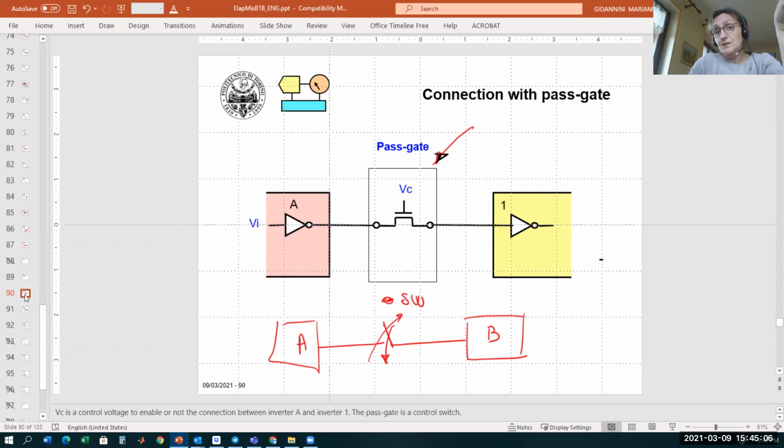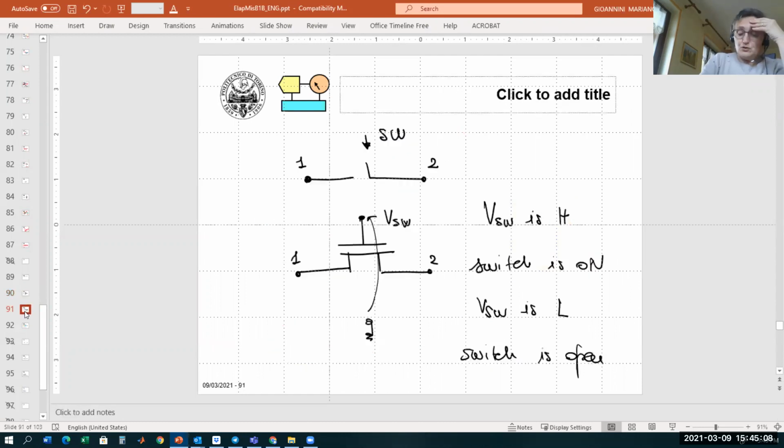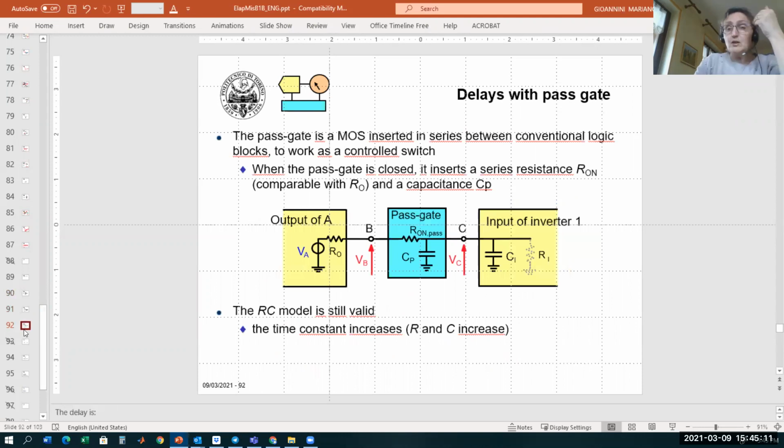It could be a good idea, but you should not exaggerate, because every time you add this additional device in between, you add resistance and capacitance. This resistance is the on resistance when the transistor is closed. This capacitance Cp is the capacitance between the gate and the bulk.